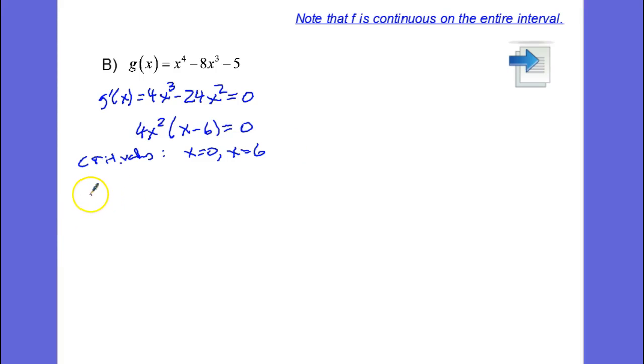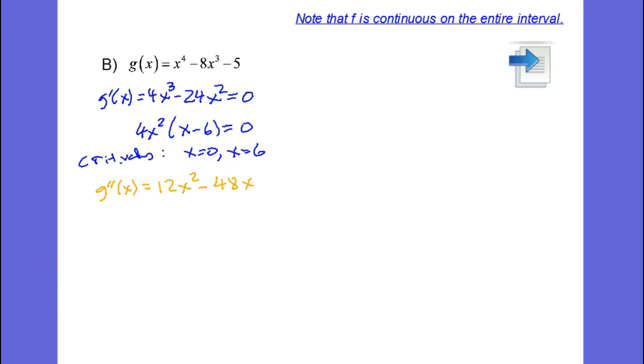Let's go ahead and take the second derivative. So g double prime of x is going to be equal to 12x squared minus 48x.